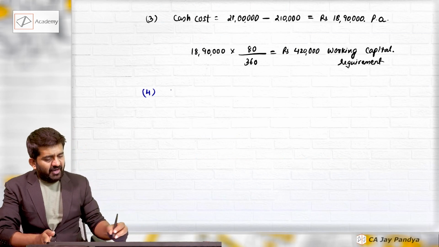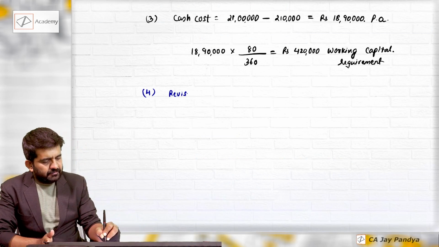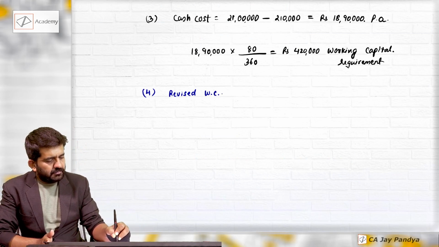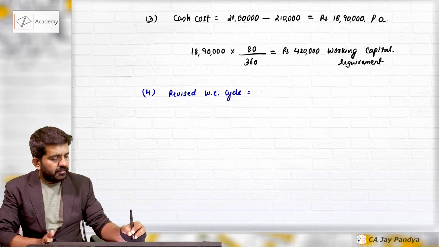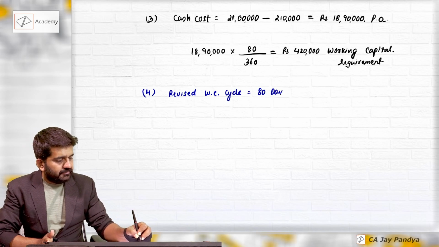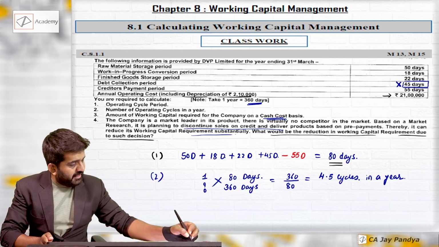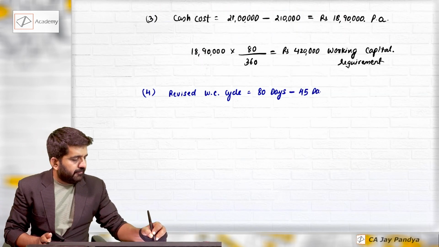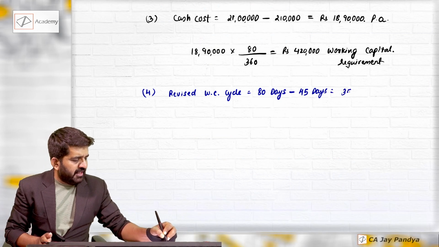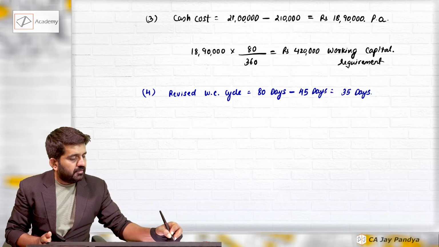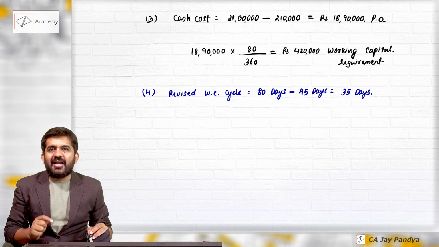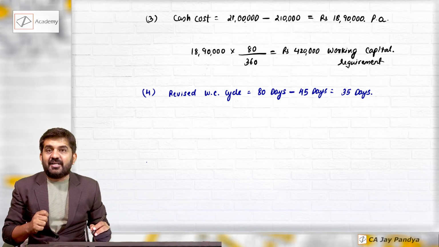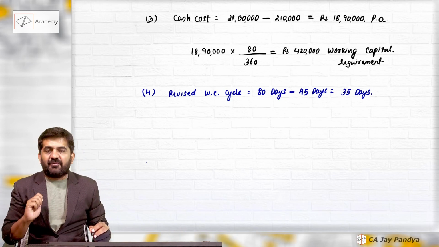What will be revised working capital cycle? 80 days. Out of 80 days, 45 days was just for credit period. So remaining will be 35 days. So now working capital cycle instead of 80 days will be 35 days.